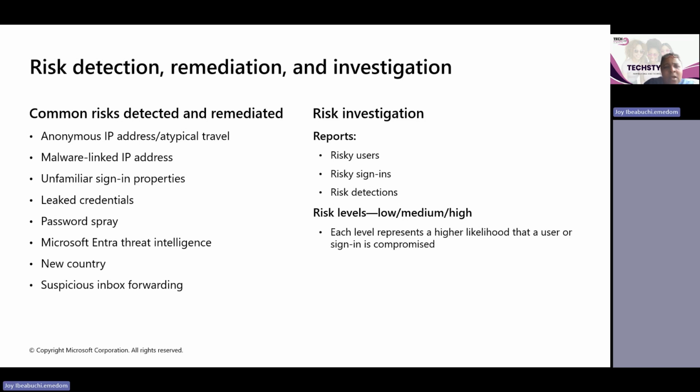Some of the risks that can be detected and remediated in Entra are things like anonymous IP address. You can have a policy that says once somebody is logging in with an IP that is anonymous, and you know that people can mask their IP so that it doesn't show their actual IP, right? Especially when they're using VPNs. You can have a policy in your organization. Remember, everything is based on the risk of your organization.